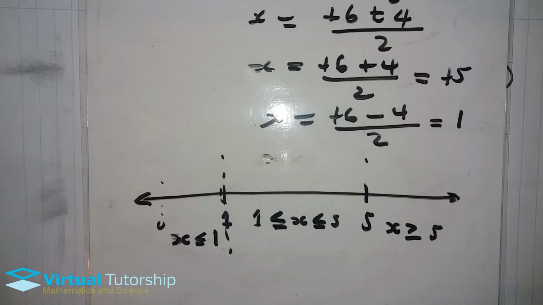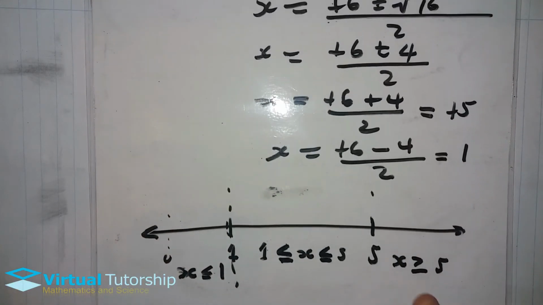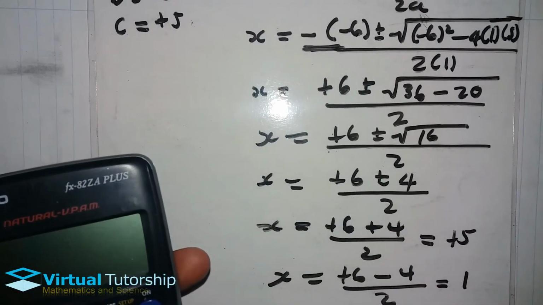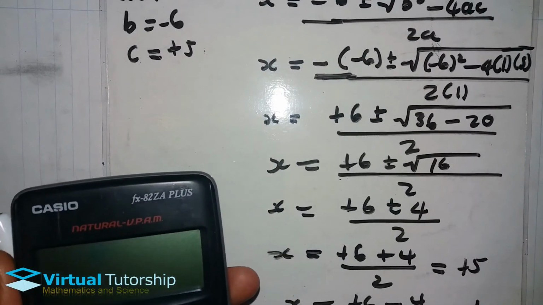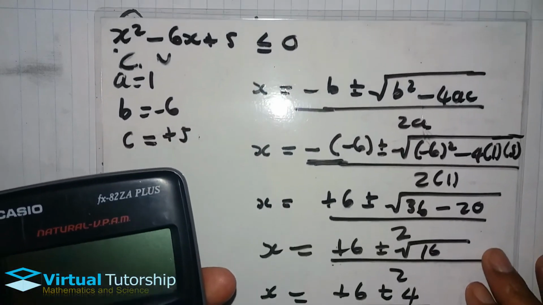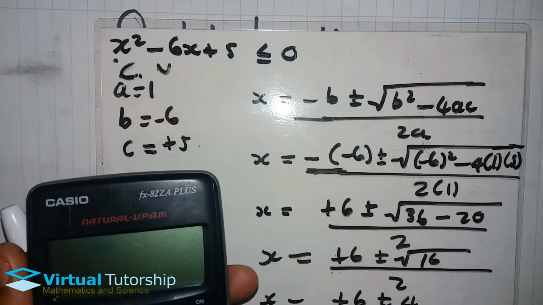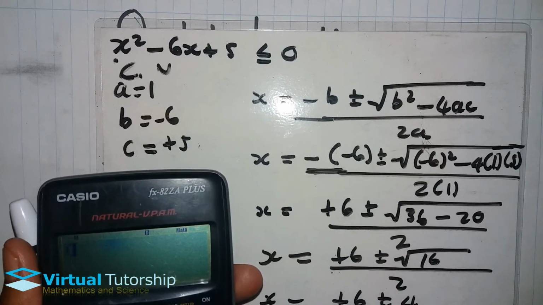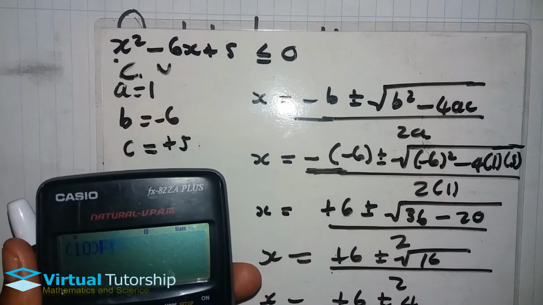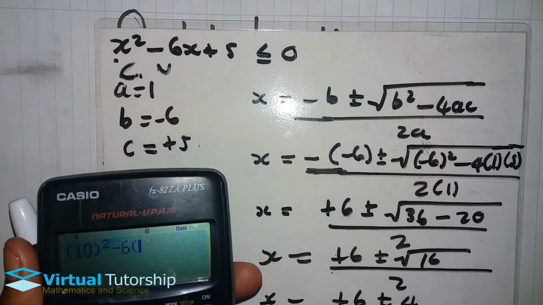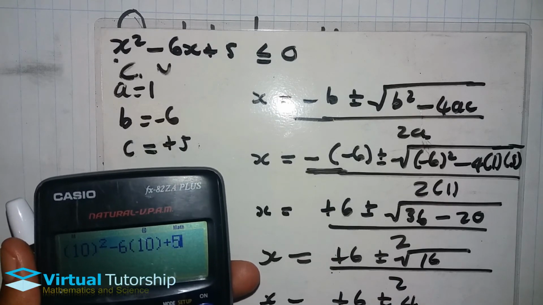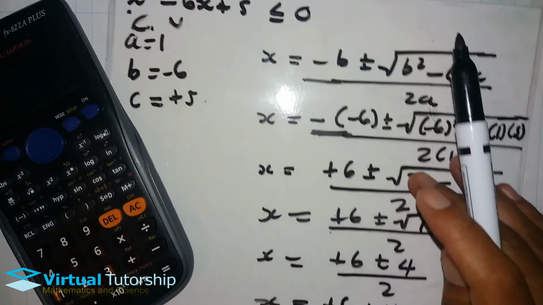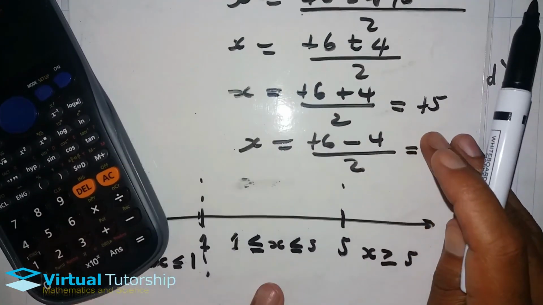So let's take an x value that is greater than 5 first. Okay, so we go back to the original equation, with an x value that's greater than 5, say 10 squared minus 6 times 10 plus 5, it's positive 45.